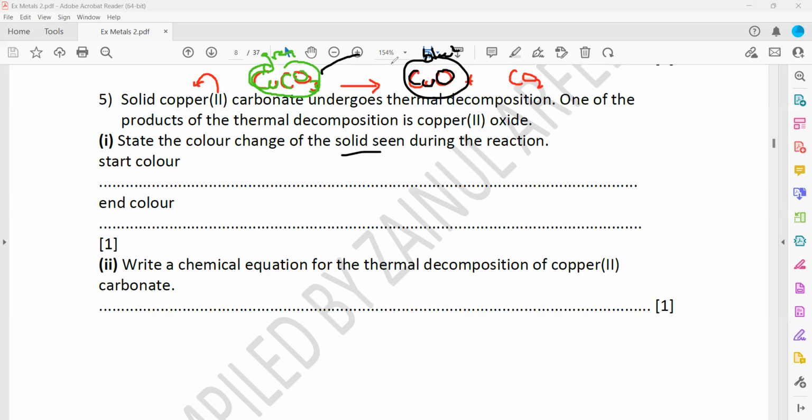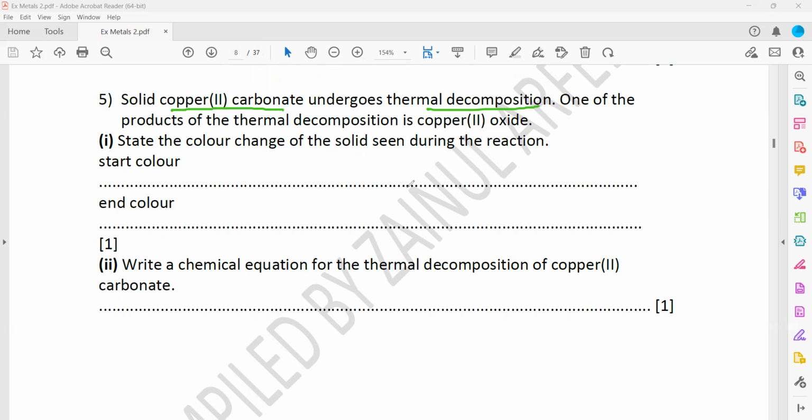So the question is, what is the color change of a solid? The question says a solid copper carbonate undergoes a thermal decomposition. That means we are supplying heat energy to copper carbonate, so it decomposes, it breaks down.